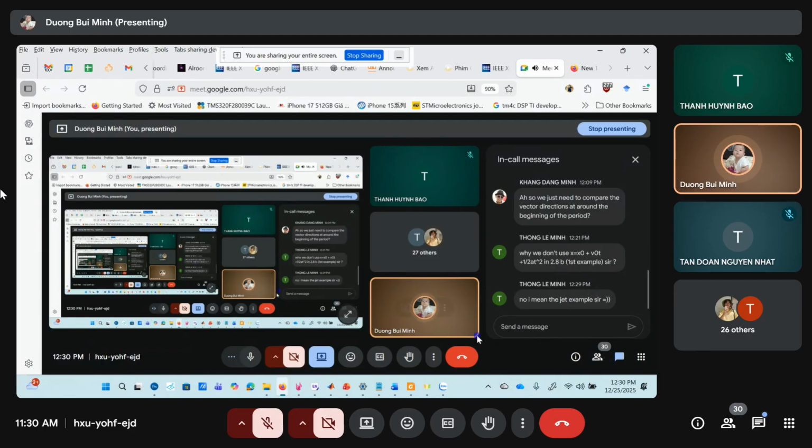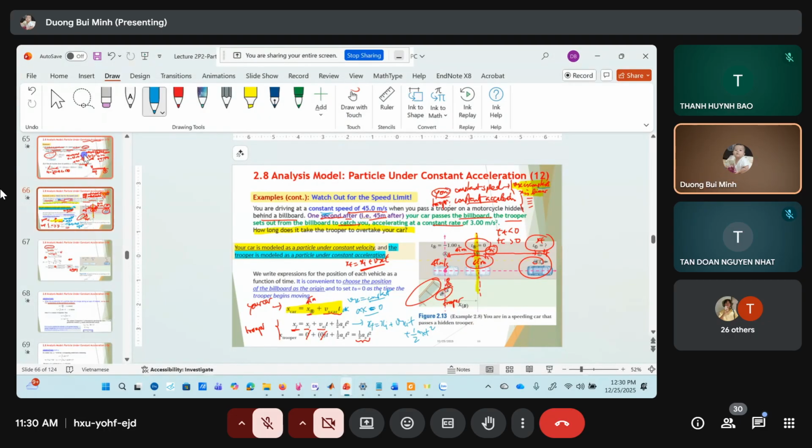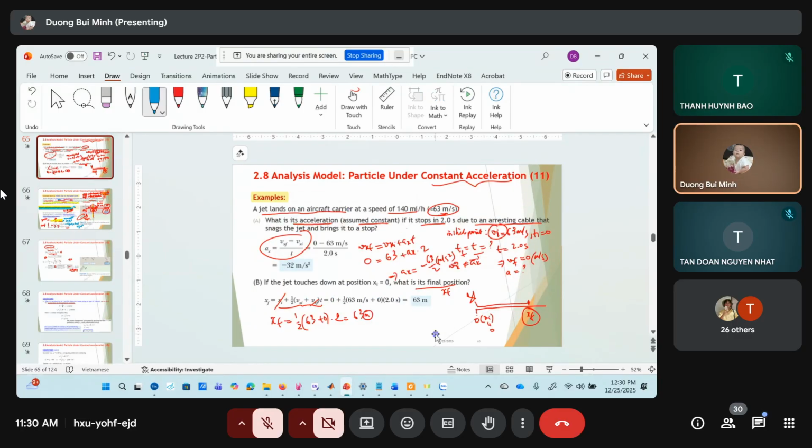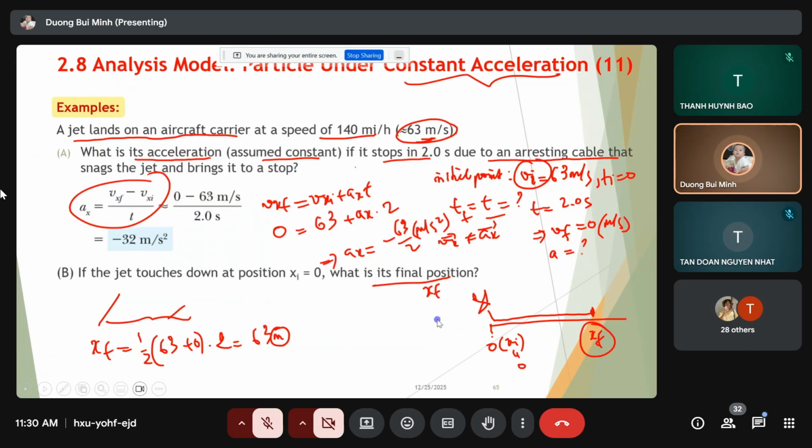Uh, 2.8. Let me see. Here, you mean why we don't use this? Yes, you can use it. You can use xf is xi plus vxi t plus half ax t square.